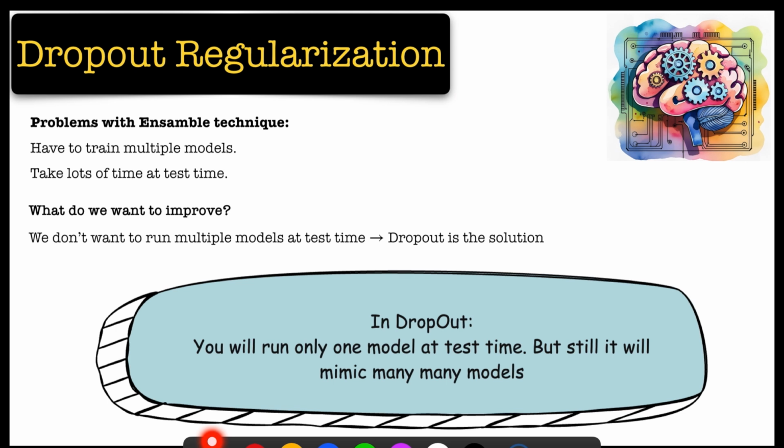So at test time, we don't want to test on multiple models. That is where dropout comes into the picture. Dropout is the solution here. In dropout, we run only one model at test time, but still it mimics many models. That's the beauty of dropout.